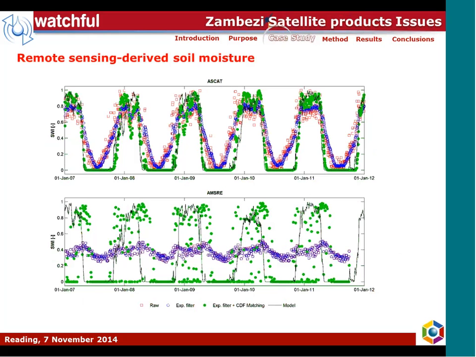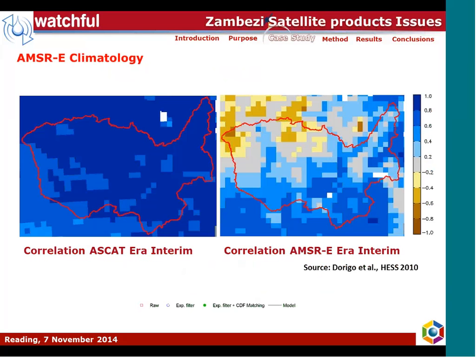So here you see the results when you pre-process the different soil moisture products. After you apply the sequence of pre-processing steps, there's a rather good agreement between the model and the satellite products in the case of ASCAT. But for AMSR-E, we did not manage to get a good fit between the model and the data set.